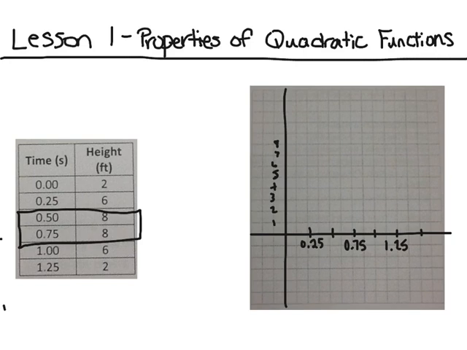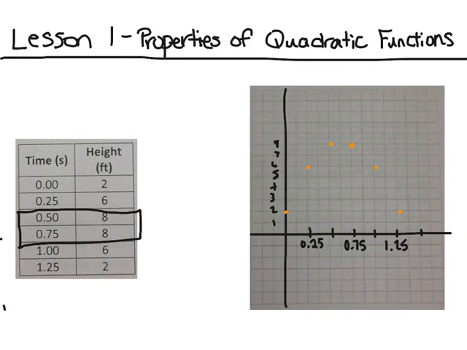So we're going to plot 0 is 2, 0.25 is 6, 0.5 is 8, 0.75 is 8, 1 is 6, and 1.25 is 2.